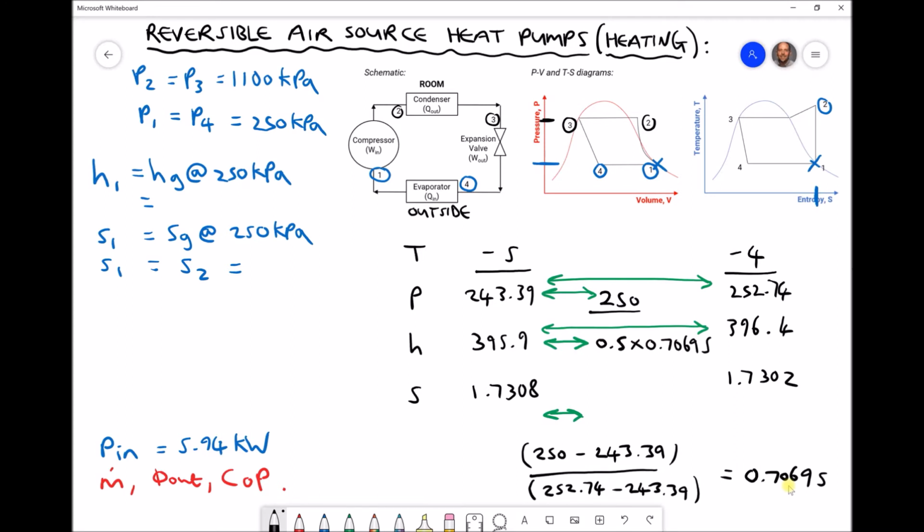And that's the distance represented by our shorter arrow here, 0.353. So in order to find the enthalpy that corresponds with our 250 kilopascals, we need to add our lower enthalpy of 395.9 to this shorter distance here, which equals 396.3 accurate to one decimal place. So let's make a note of that enthalpy. Enthalpy 1 on the left-hand side, 396.3.